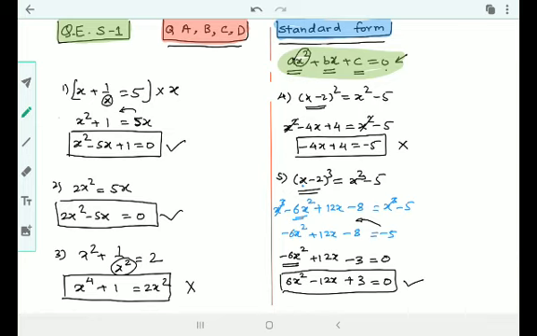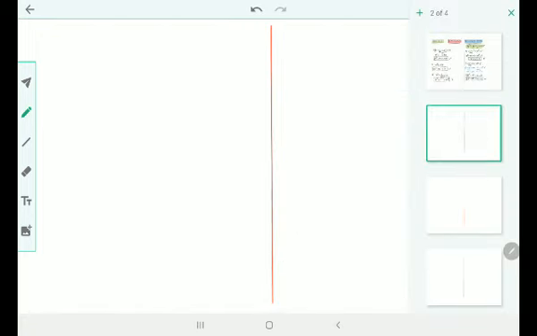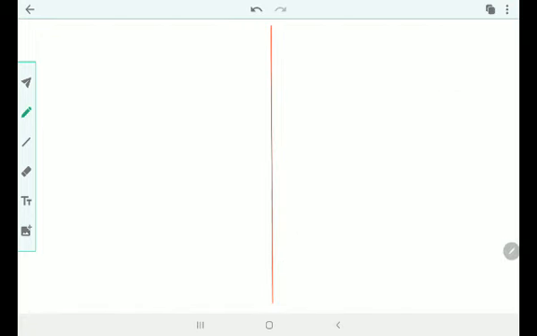Let's make things a bit difficult for you in the coming questions. What is the next question? Next question says x square minus 2ax is equal to a square minus b square. Now this becomes a bit difficult. See, it has an x square, so it is a quadratic, that is for sure. I have to bring it into the standard form, that is also clear.